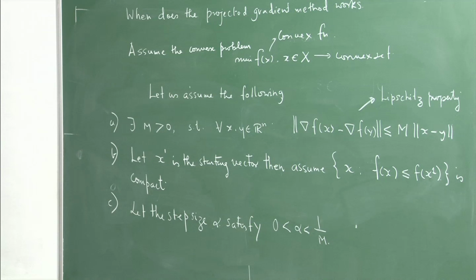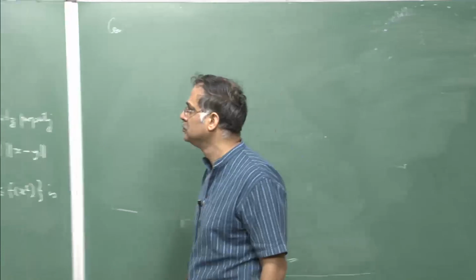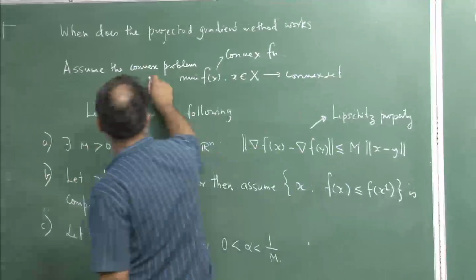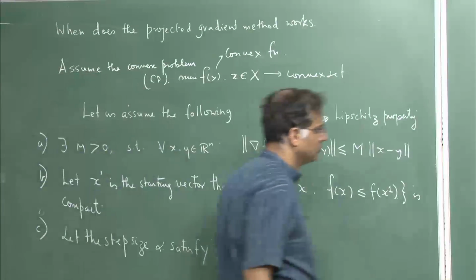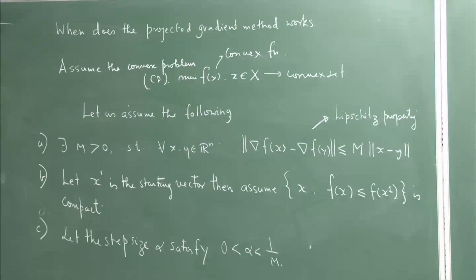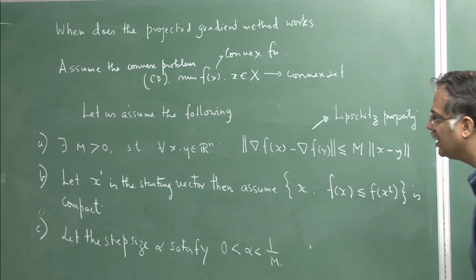Now, if I have taken these assumptions, then let us see what happens. So, this is my convex problem CP. So, if these three assumptions hold, these are not very unnatural, quite natural.